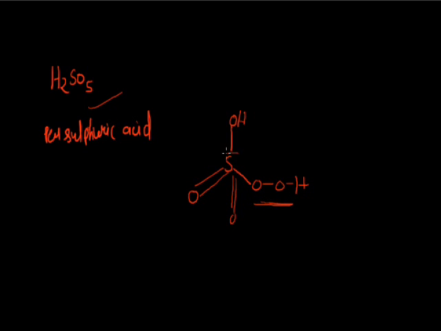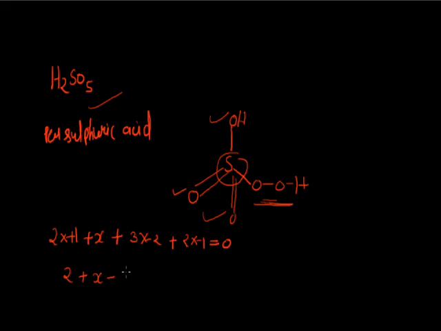Now in this example, if we are finding the OS of the sulfur, then according to the structure, hydrogen is 2 into plus 1 plus x plus, out of 5 oxygen, these 3 oxygen, that is 1, 2, 3, are minus 2. So 3 into minus 2 plus these 2 oxygen become minus 1. So 2 into minus 1 equals 0. Now solving this equation, 2 plus x minus 6 minus 2 equals 0.